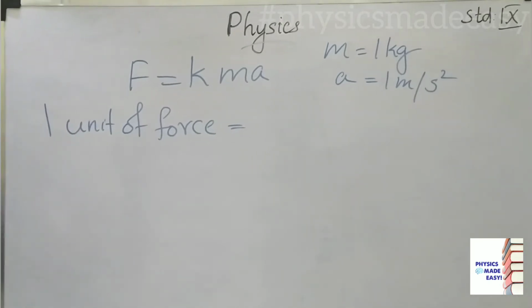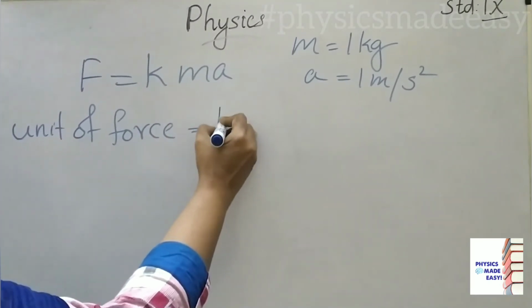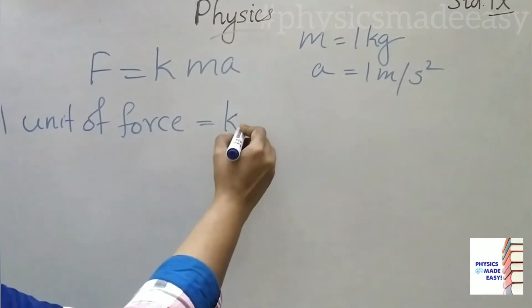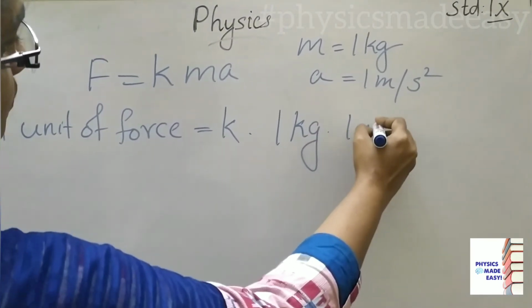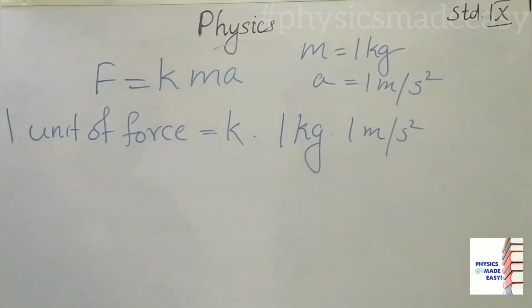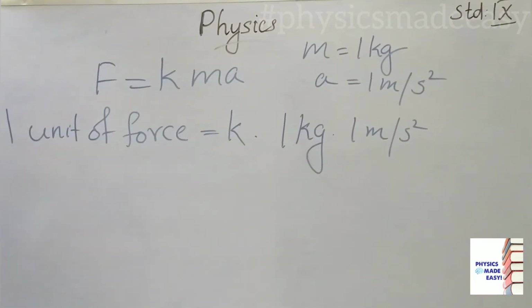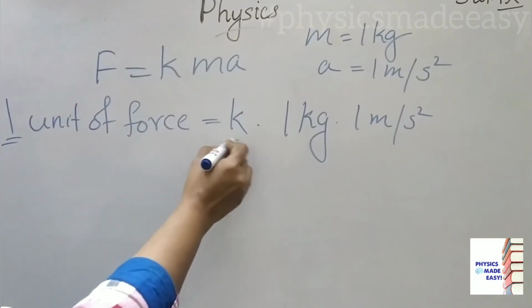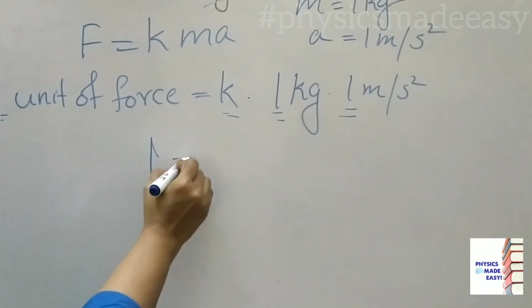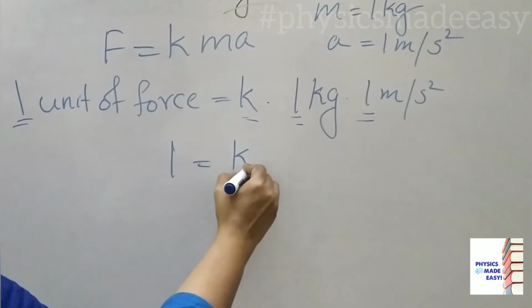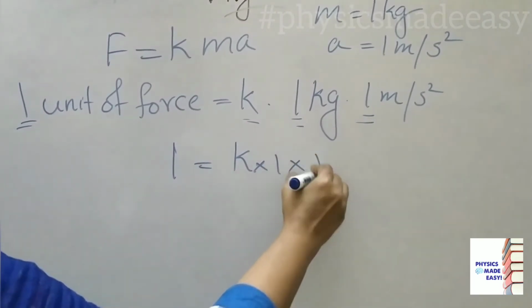Then by that we can write 1 unit of force is equal to k into mass 1 kilogram into 1 meter per second square. Then from this we can write the magnitudes. This is also constant, no? So we can take that also. So here 1 is equal to k into 1 into 1.